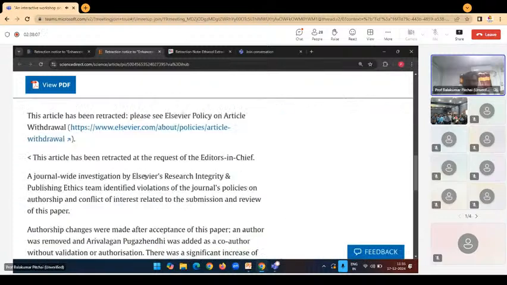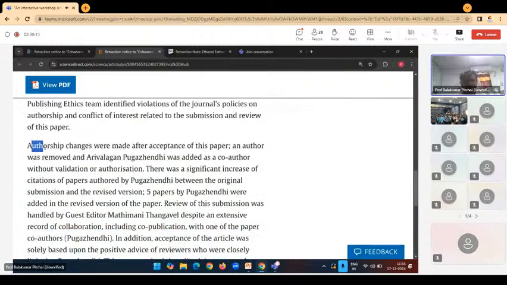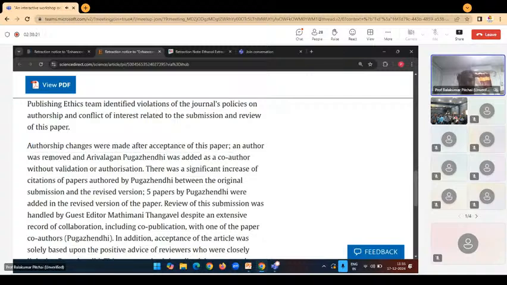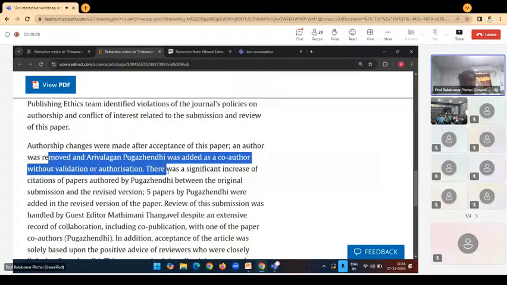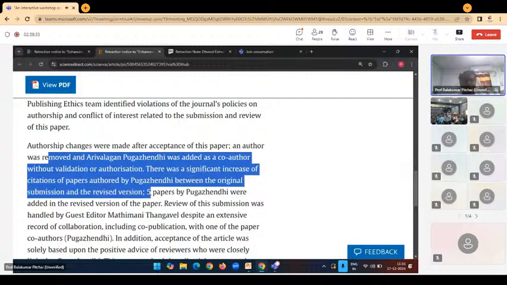See here, retraction notice. Authorship changes were made after acceptance of this paper. See the reason: an author was removed and Arivalagan Pugalenthi was added as a co-author without validation and authorization. There was a significant increase in citation of the papers authored by Pugalenthi between the original submission and the revised version.